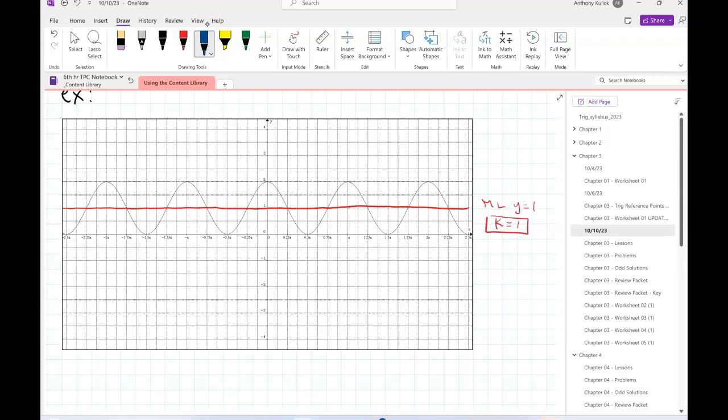Next thing we'll look for is the amplitude. It doesn't really matter, we could do period, but I'm going to do amplitude next. So what does the amplitude appear to be? 1. So that tells me the A is plus or minus 1, right?